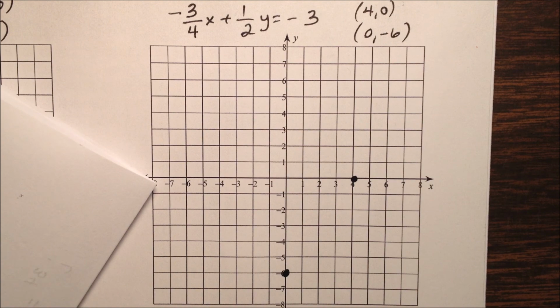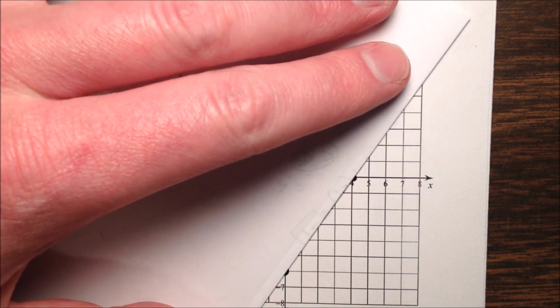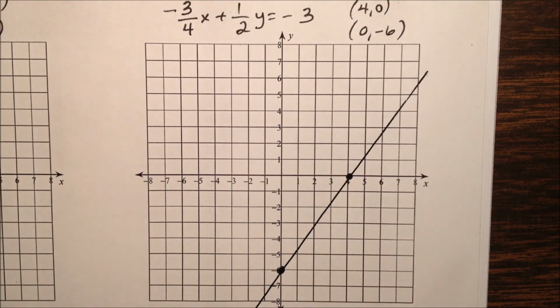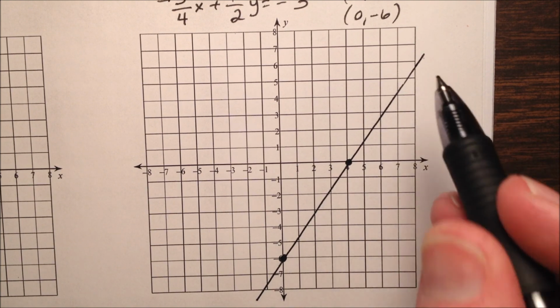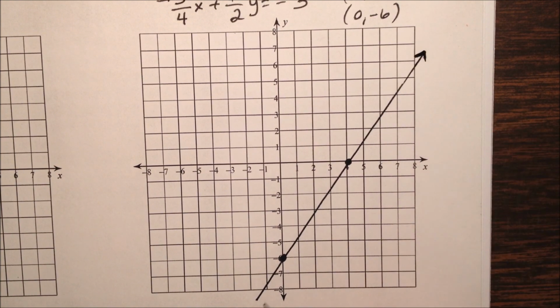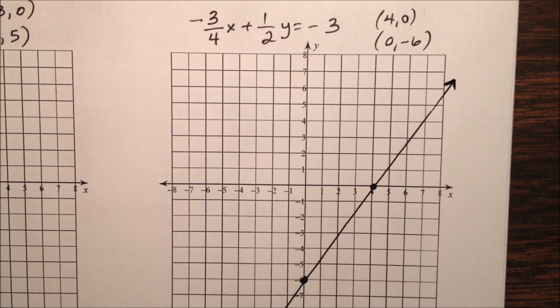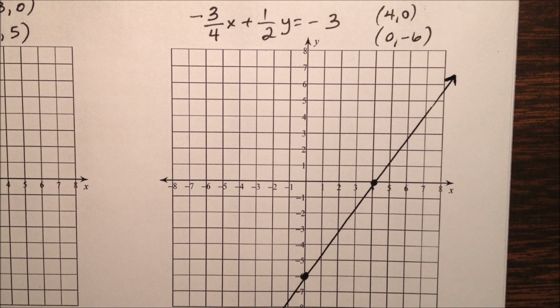So I'm going to grab a little straight edge here, and I'm going to go ahead and line up these points. And I'm going to go ahead and draw my line. So I used a straight edge. I extended my line just past the borders of the graph, and I put arrows on the end of my line. So this line is going to represent the equation negative 3/4 x plus 1/2 y equals negative 3.